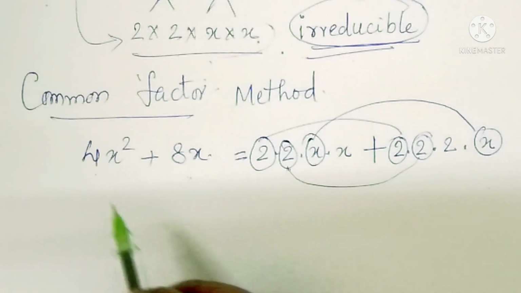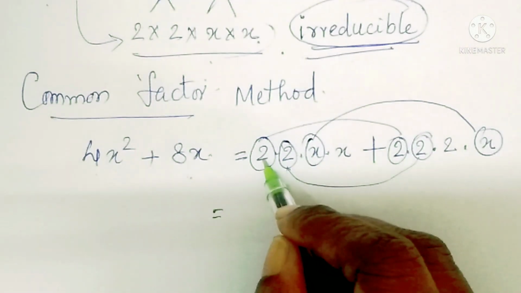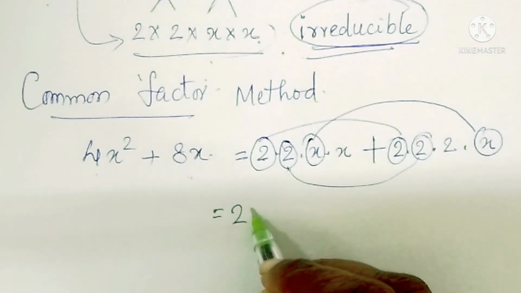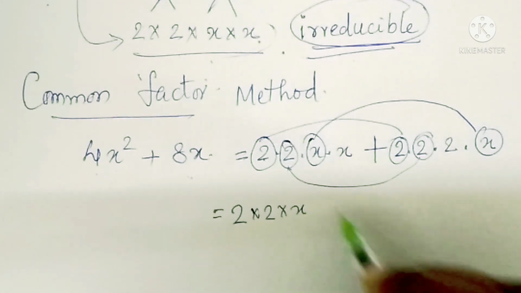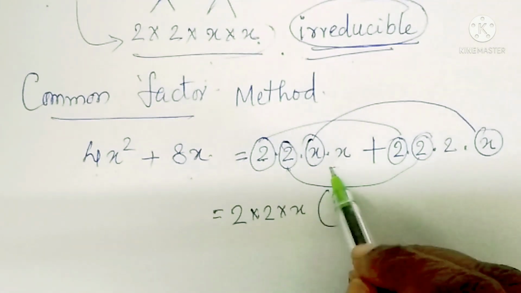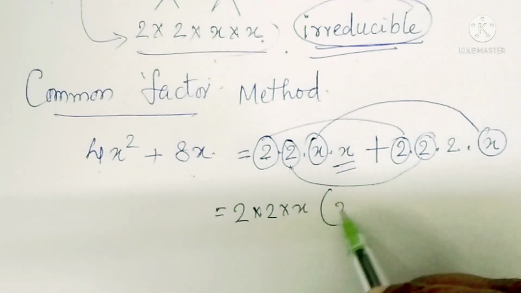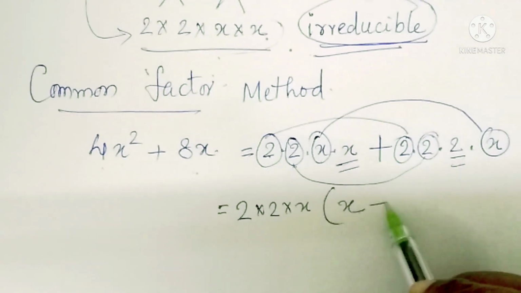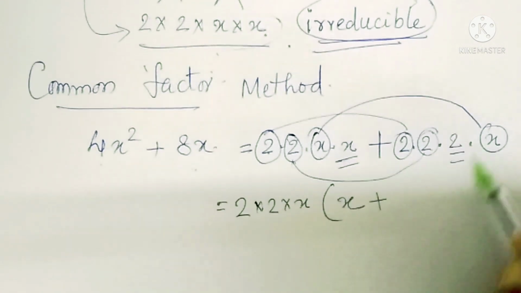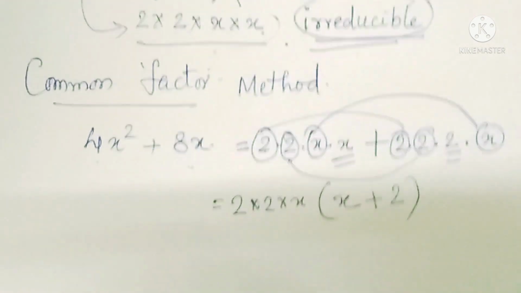Okay. So, let us take the common factor out. So, how many common factors? 2 into 2 into x is common. Now, we need to check what is remaining here. Here it is x remaining and here it is 2 remaining. Whatever be the sign between them, write that as it is and write the remaining factors.